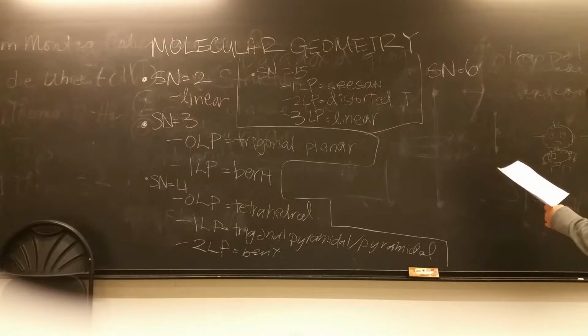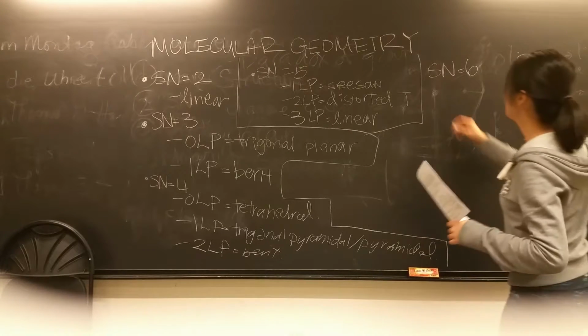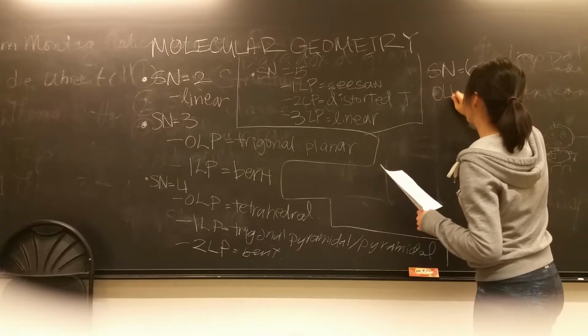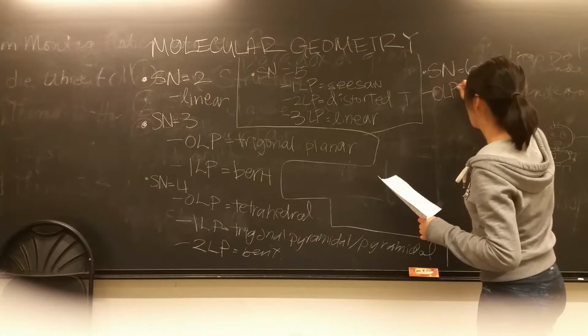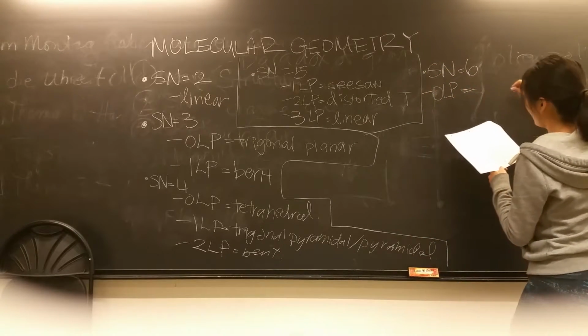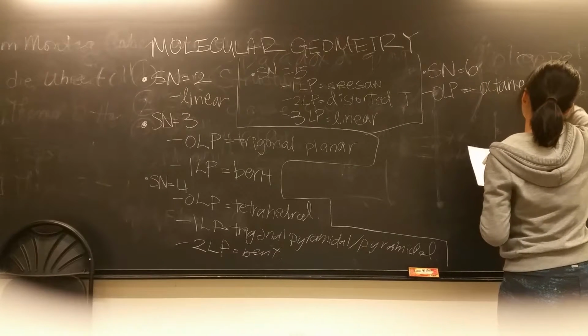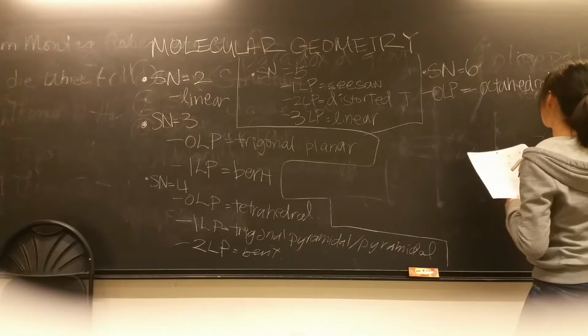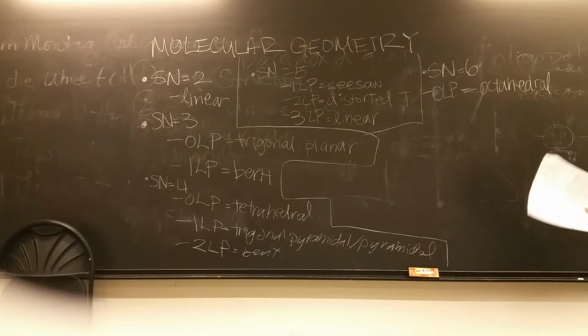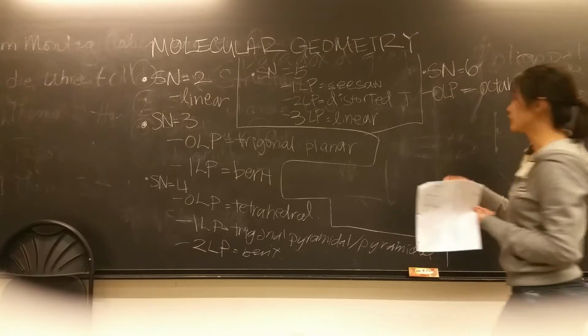And it says octahedral electron pairs. And so if you have no lone pairs, you're going to have octahedral. Again, just like when we had just the electron pair geometry, we're going to just have octahedral.